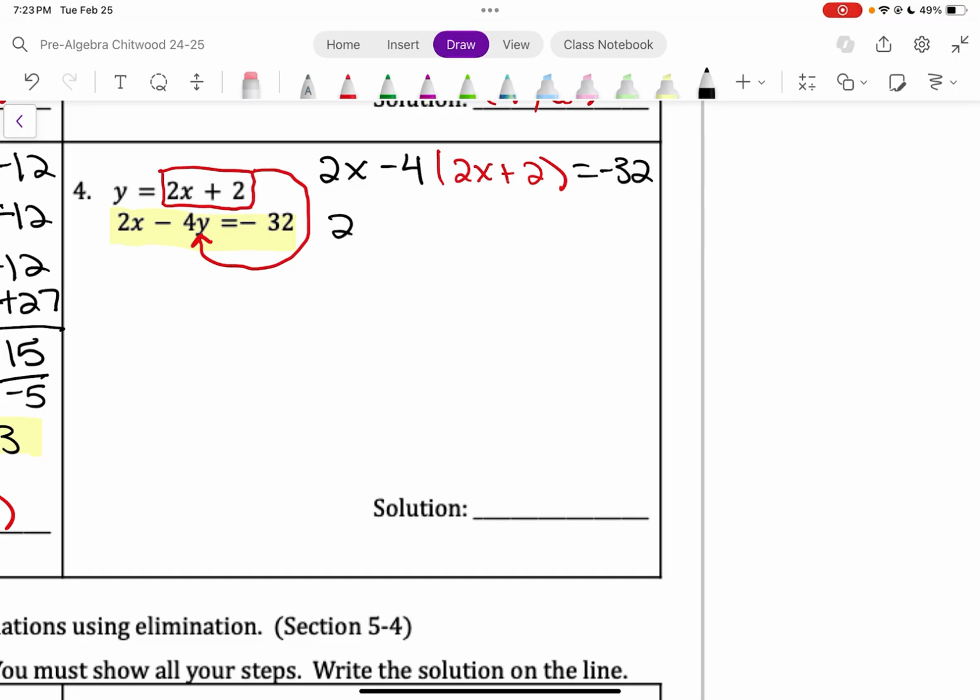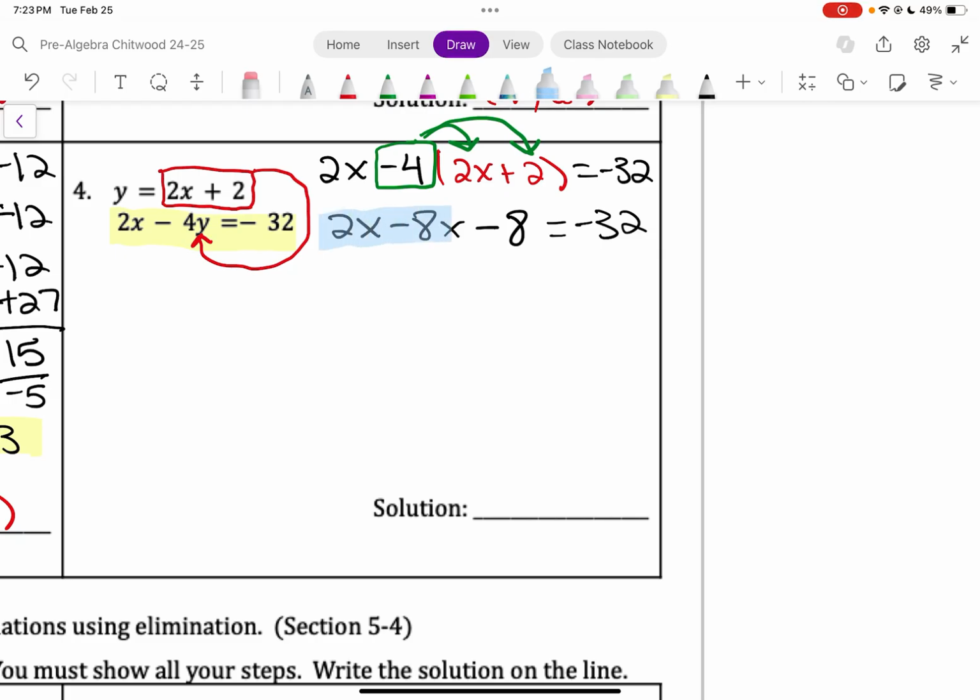I still have my 2x, but I have negative 4 times 2x, which is going to give me negative 8x. Then negative 4 times 2 will give me minus 8 equals negative 32.